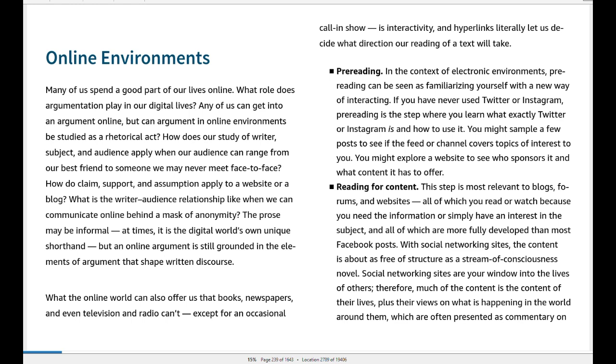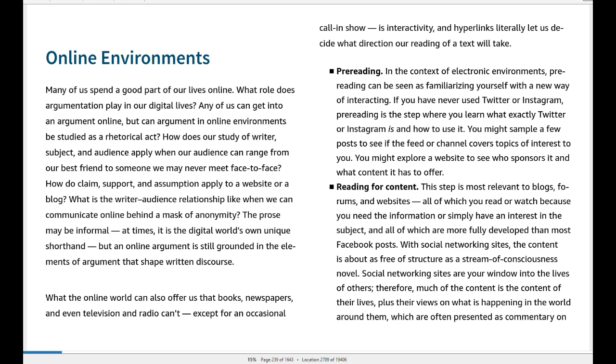Reading for content. This step is most relevant to blogs, forums, and websites, all of which you read or watch because you need the information or simply have an interest in the subject, and all of which are more fully developed than most Facebook posts. With social networking sites, the content is about as free of structure as a stream of consciousness novel.